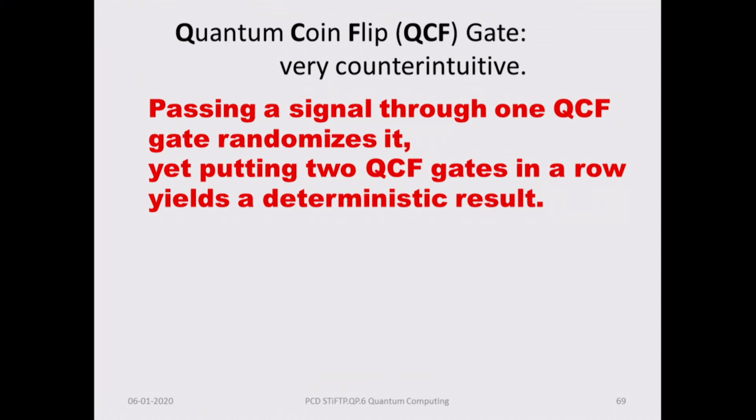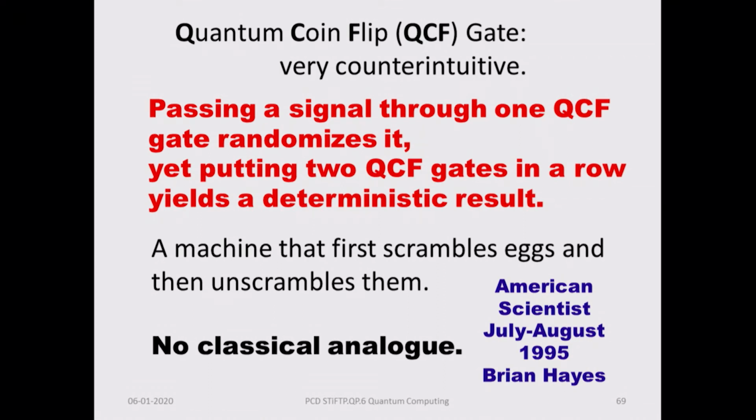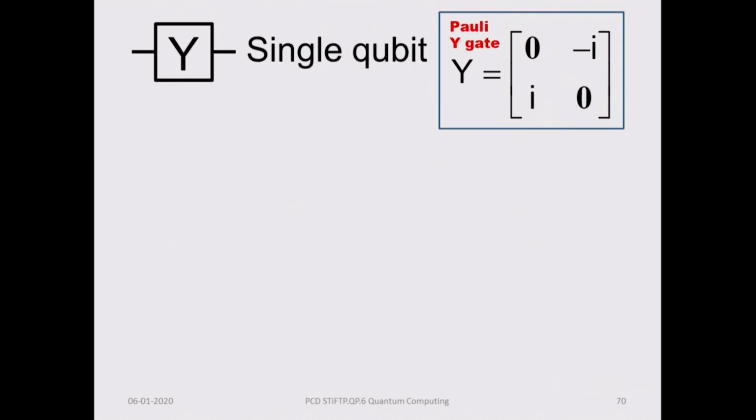What you are doing is passing a signal through a quantum coin flip gate, which randomizes it, and then you send it through another identical quantum coin flip gate, and what you get is a deterministic result. This article by Brian Hayes says that it is a machine which first scrambles eggs and then unscrambles the same. So there is no classical analog for this. So, this is the quantum coin flip gate.